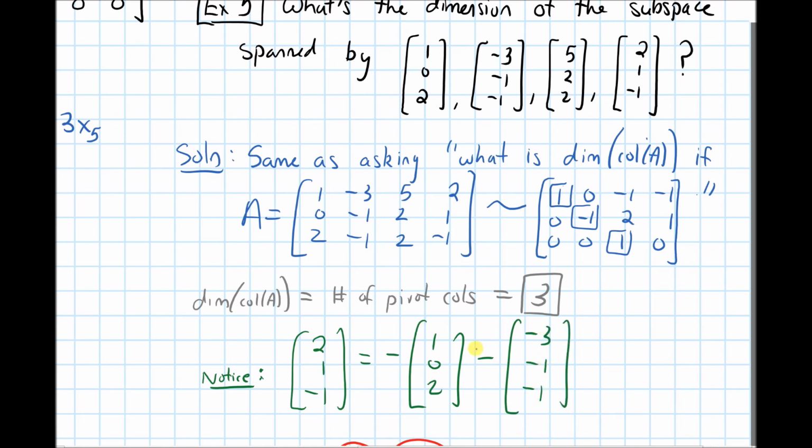If we work that out, the right-hand side equals 2, 1, -1. Because this vector can be written as a linear combination of others, if I remove it from the set, it wouldn't change the span. And we've seen that before.